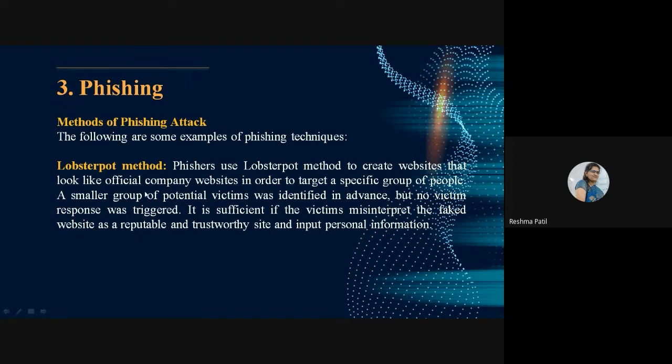So this is the lobster pot method. Here they will create a fake website which looks like an authentic or official company website, and from this fake website they will ask the user to enter their personal information. So this is the next phishing attack method, the lobster pot method.